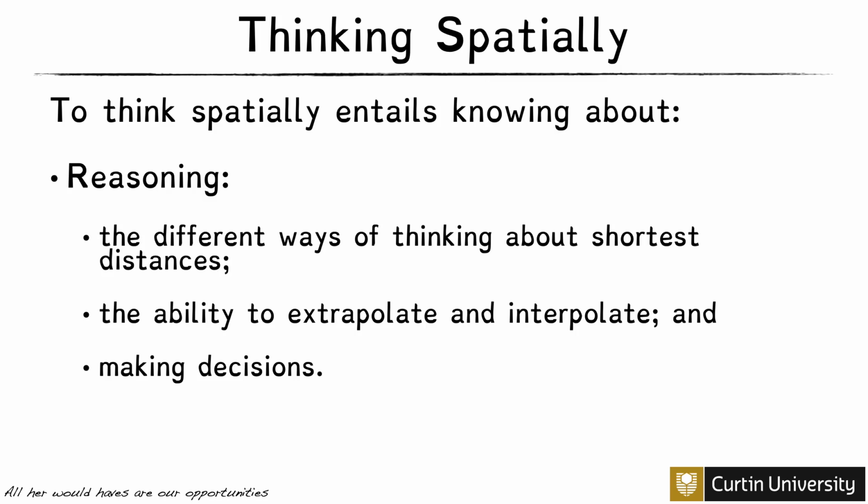We might have to think of projecting a functional relationship on a graph into the future, or estimate the slope of a hillside from a map of contour lines. We have to be able to extrapolate and interpolate. And importantly, making decisions. We make decisions spatially all the time.